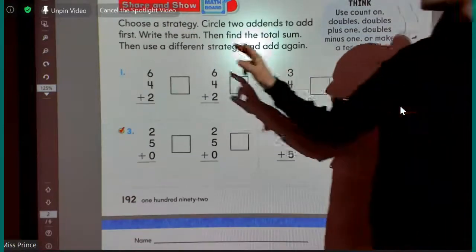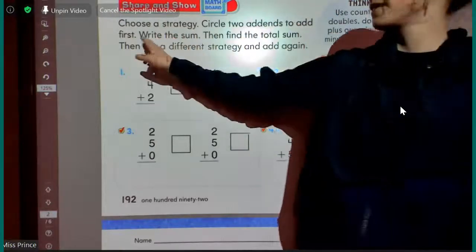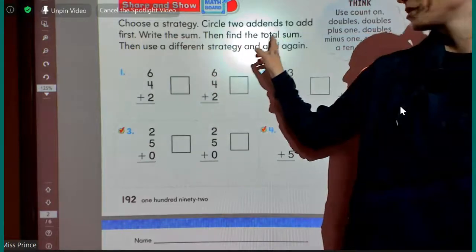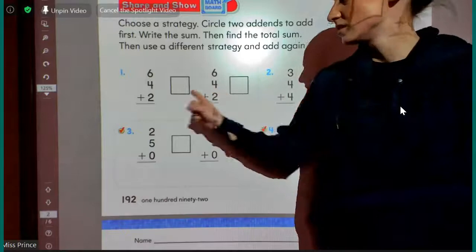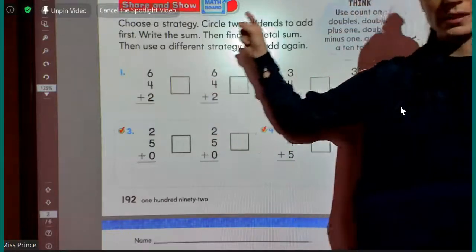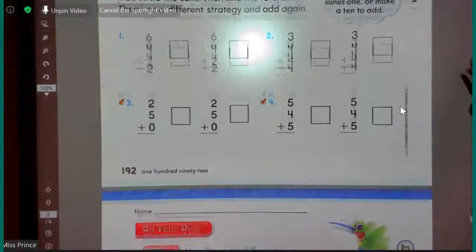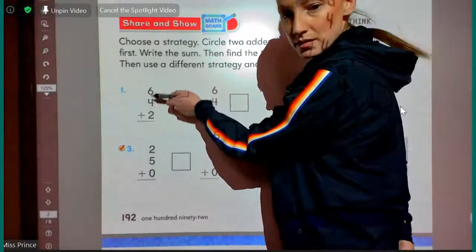All right. Choose a strategy. Circle 2 addends to add first. Write the sum. Then find the total sum. So we're going to use 2 different strategies to solve these problems, just like we did right here. So Kieran, I want you to choose 2 of these numbers and circle them.